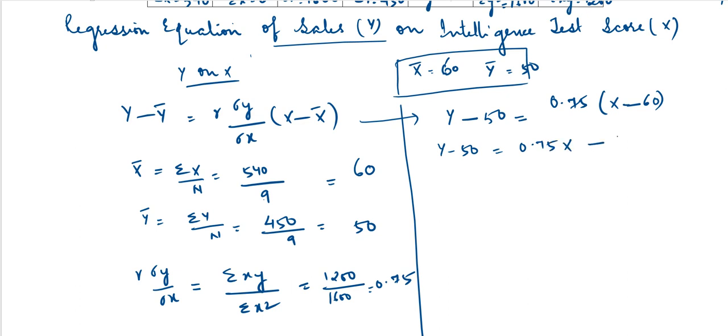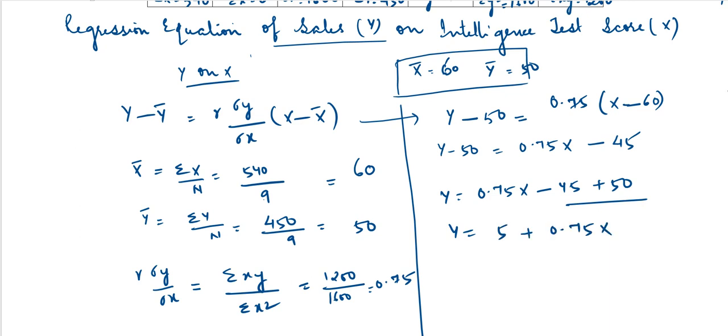Multiply this, you will get 45. ठीक है, so therefore y is equal to 50, other side में जाएगा, it will become plus. मैं लिख देती हूँ पूरा values, I'll write first 45 plus 50. इसको करने से कितना आएगा, plus 5 आएगा, plus 0.75x. देखिए you got the value of a and b, a का value is 5 and b का value is 0.75. Specifically no need to arrange.